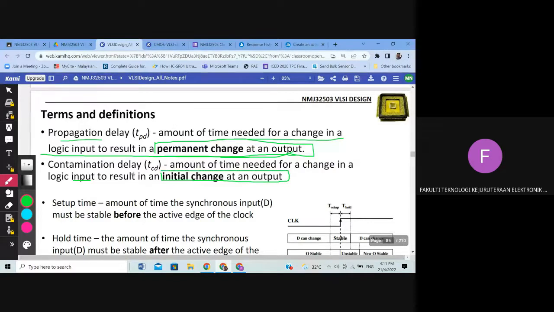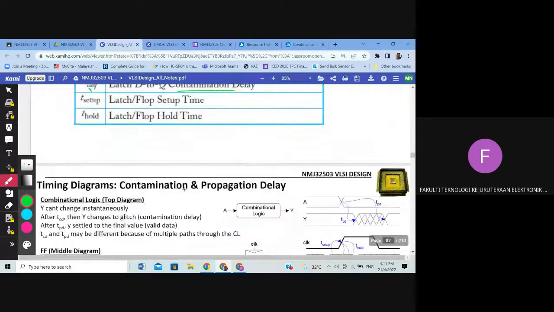The rest is equal. So the difference is permanent change for the propagation delay, and initial change for the contamination delay. Then how do we see it from the timing diagram? Let's have a look at the timing diagram.